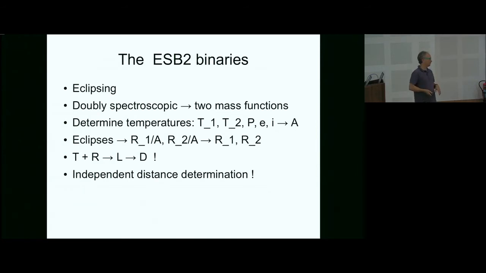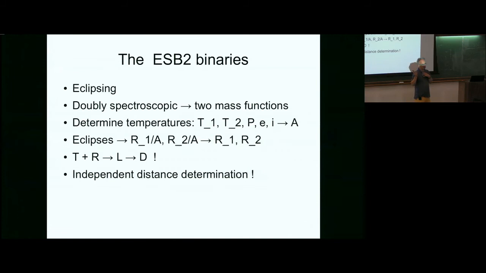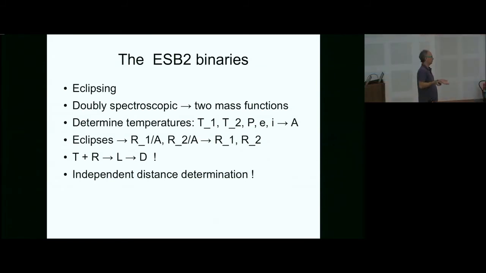And so you have the flux and you have the absolute luminosity, and that gives you an independent distance determination. So these types of binaries are used for accurate distance determination, for example, to the Large Magellanic Cloud, which is essential in establishing the distance scale of the universe.